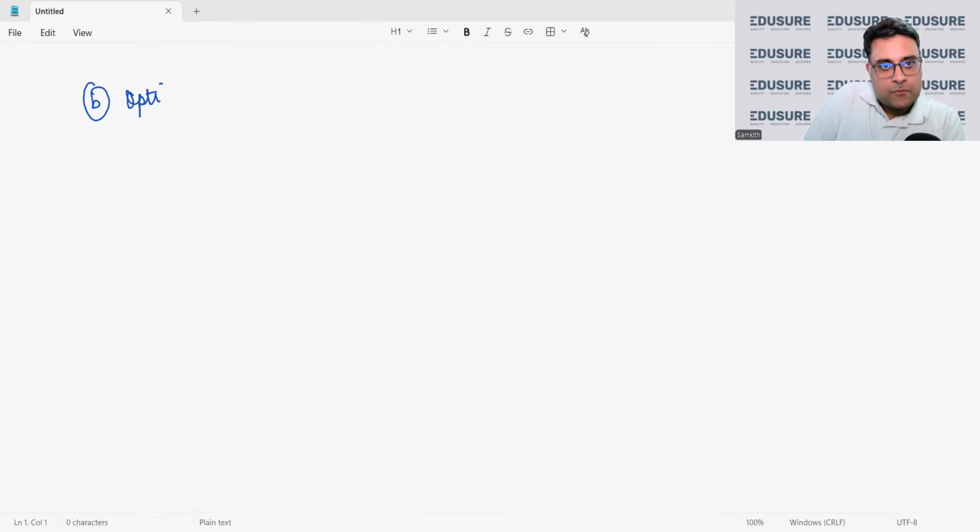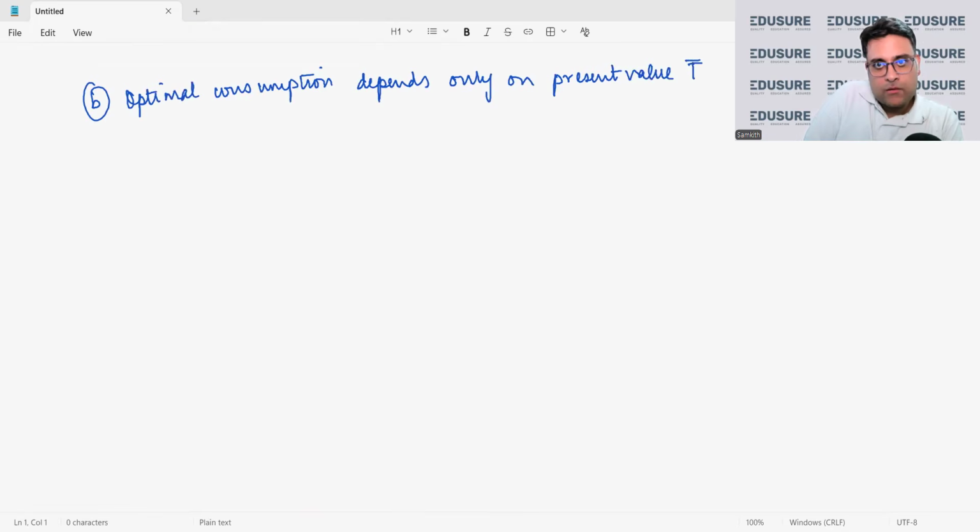Optimal consumption depends only on the present value T bar, not on the timing of the transfer T1 and T2.